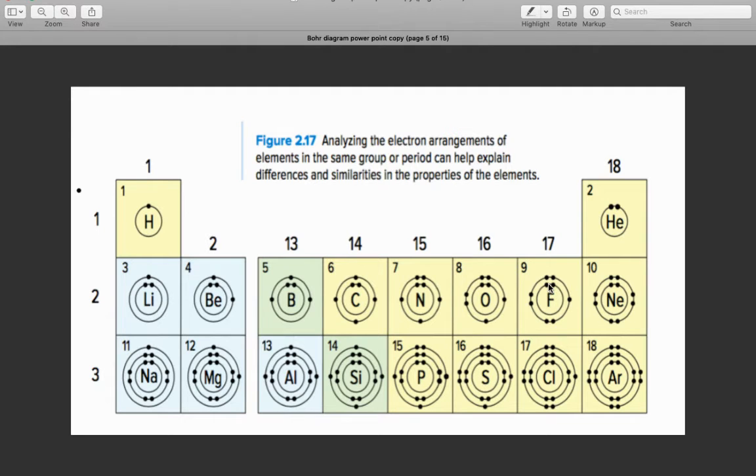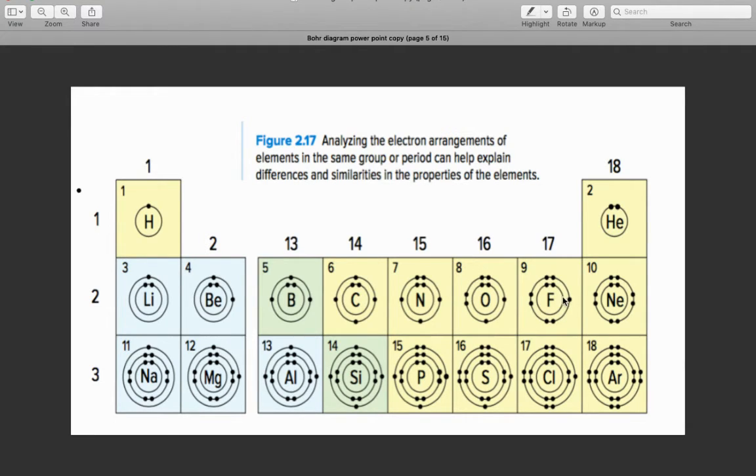After putting 2, how many are remaining? Right, so 7 are remaining. So where are they going to go? They're going to go to the last shell. So I'm going to put them in pairs: 1, 2, 3, 4, 5, 6, 7.